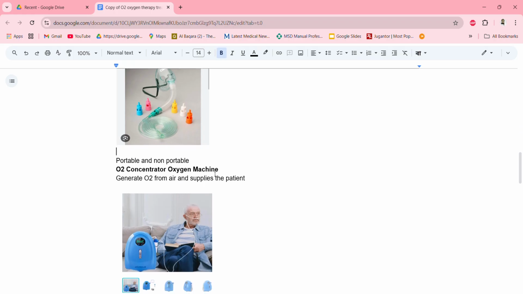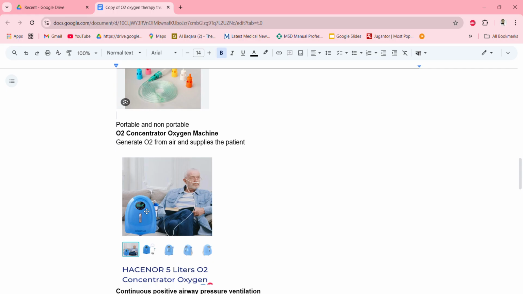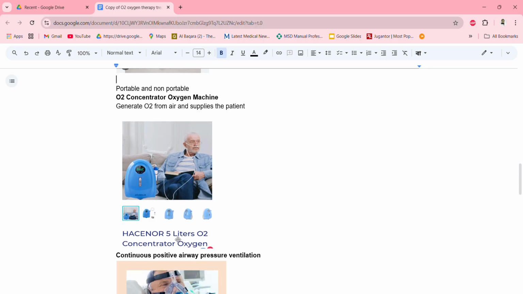So, portable and non-portable oxygen concentrator machines. This is an oxygen concentrator machine. It is in the room, taking room air to concentrate oxygen within the machine and supplying it to the patient. There are oxygen concentrator machines available in the market for patients. This machine, you see, 5 liter oxygen.